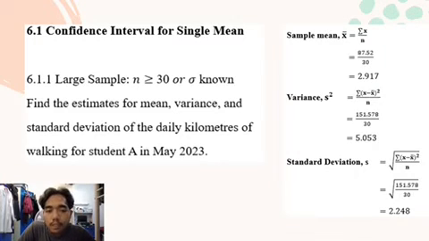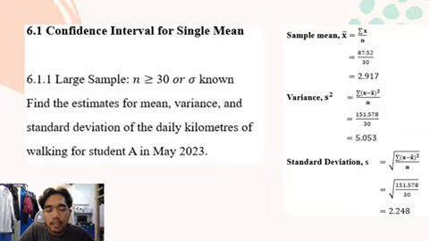First, we must find the sample mean, which is x bar, and the right side is the formula. Total distance over n, which is total number of days, and we put the value of total distance, 87.52 over 30 days, and we get 2.917.